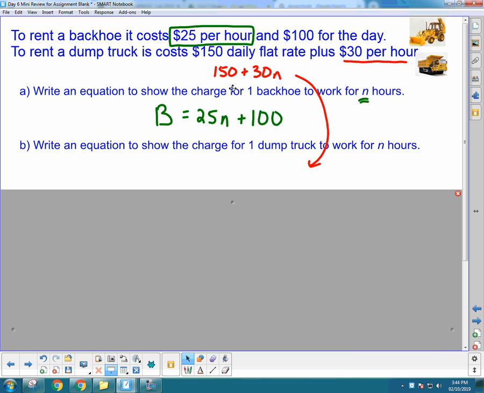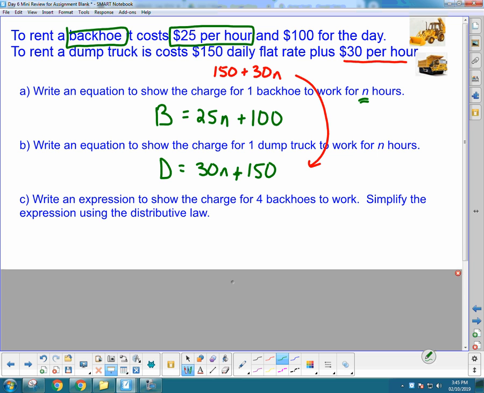But when I write it down, I'm going to just change it so it looks like the other one and write the 30N first plus the $150 flat rate. Okay. So we have our two expressions that now represent real life situations. The backhoe is 25 times N plus 100, and the dump truck is 30N plus 150, so more expensive.